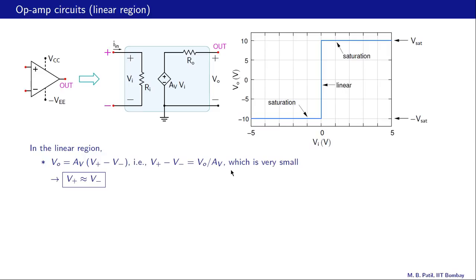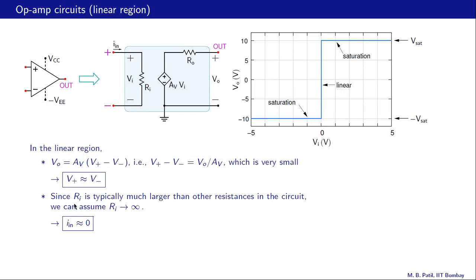And of course, we have seen that earlier already. And in fact, in this graph, it appears like 0. So in other words, V plus and V minus are nearly the same. That's one observation.